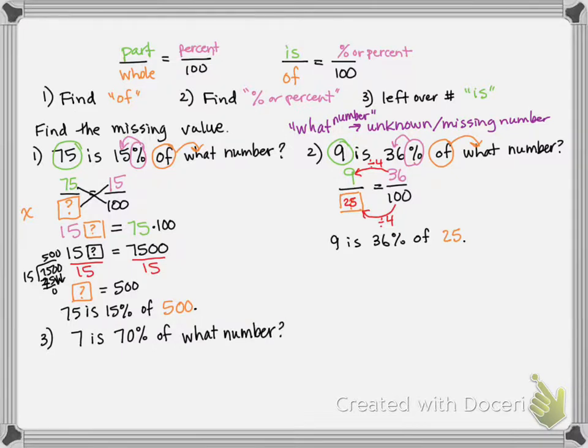So if you think about it, the problems that we did in 2.7 were more like, I'm just looking at my problems, refreshing my memory, what is 145% of 320. So every time we were solving for the is number. Those little shorty ones are looking for the is number, the part number. These longer ones are going to be looking for the whole number.